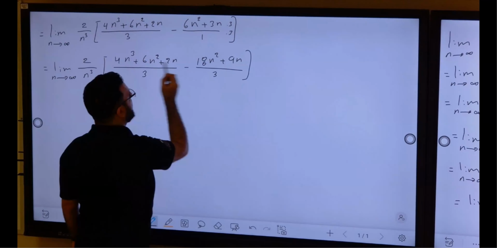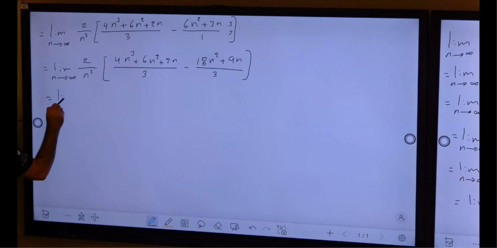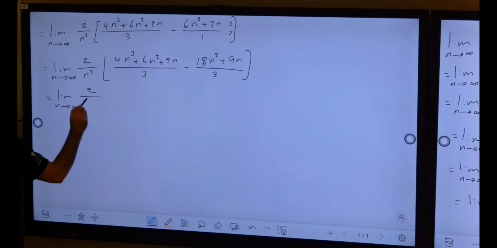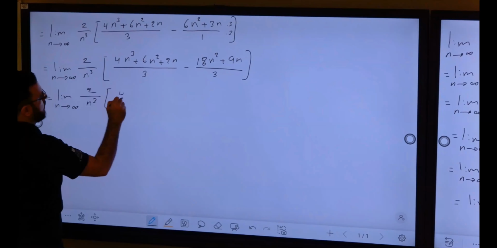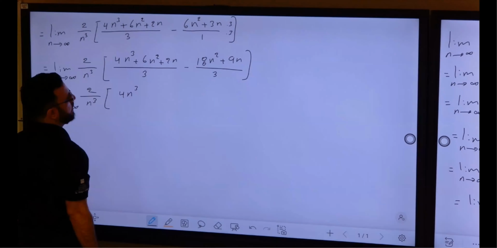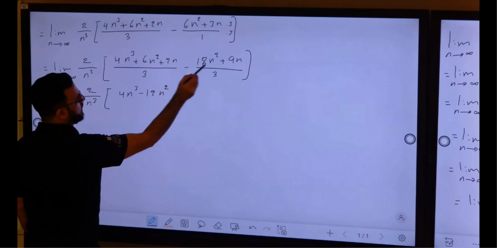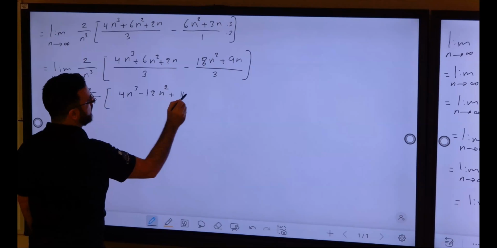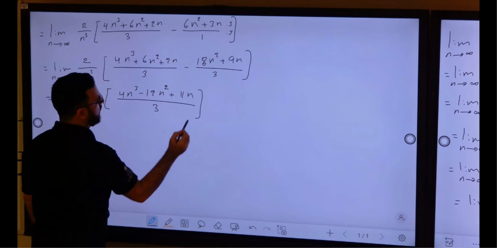Now we can combine those terms because we have the same denominator. So it's 4n cubed, minus 12n squared, 11n, minus 18, divided by 3.